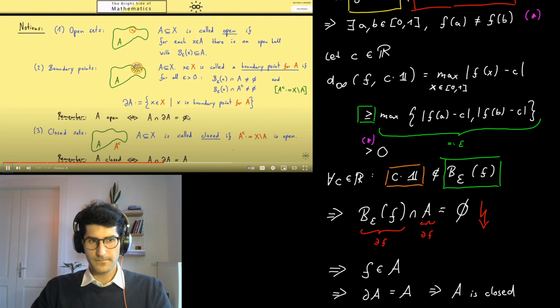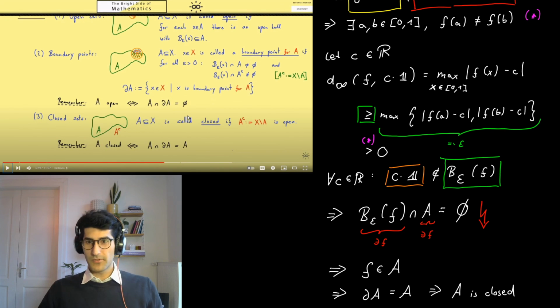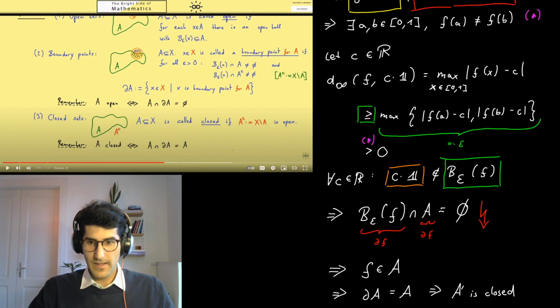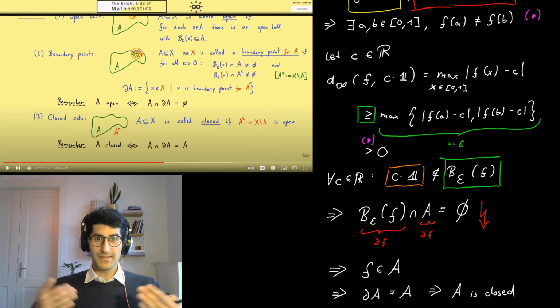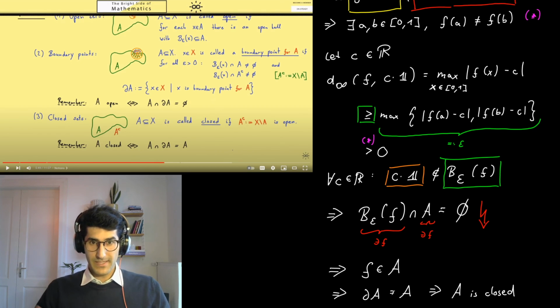Now the last notion for today. So before we come to the last notion, let me say again, we showed A is closed by the above. We also know that A is not open, but as A is closed, we know that the complement of A will be open. Don't confuse it because there's a lot of confusion going on.